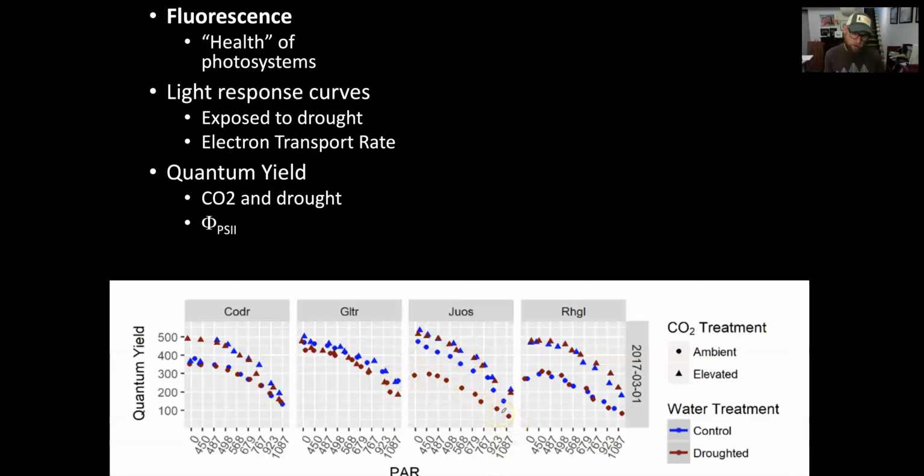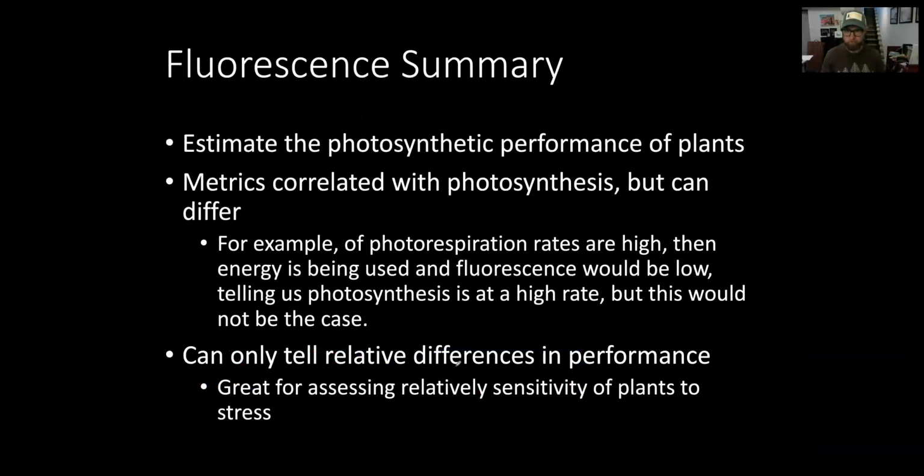But when you drought a juniper but elevate CO2, it actually compensates for that drought effect, and our quantum yield is a bit higher. If you look at these species, you can see very different reactions. Some are driven primarily by ambient versus elevated CO2, and this juniper has an interaction between CO2 and drought. So there are some cool things you can tease apart about the health and operation of plants under different conditions.